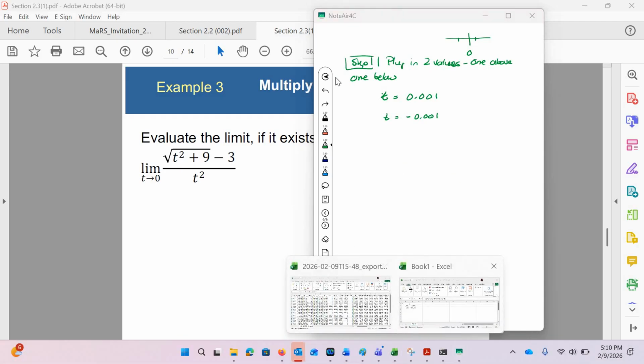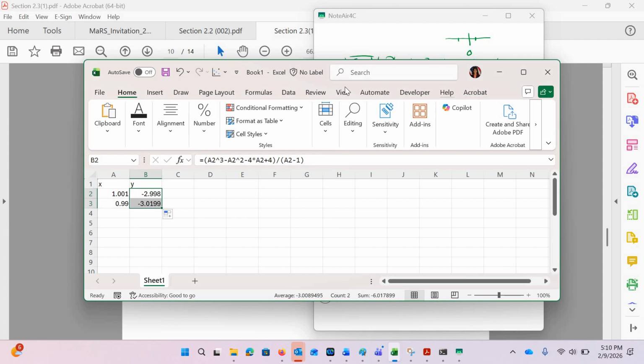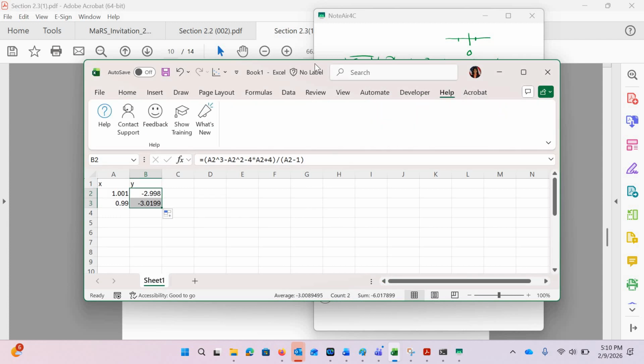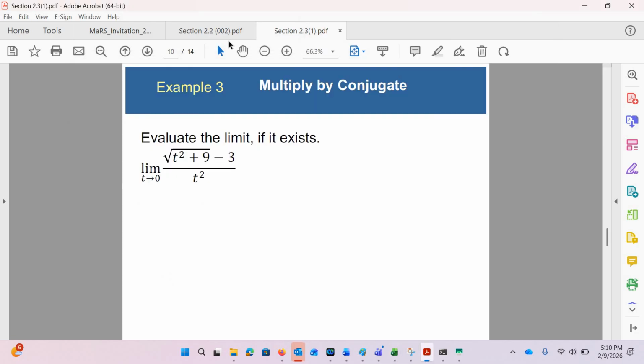So I just made this for you for the other problem. I'm just going to change the function and the values to the right and left. So we can just go over here and go x, y, and then I'm going to put 0.001 and minus 0.001. It doesn't matter. And I'm going to plug into my function, and I'm lazy, so I'm just going to copy and paste that function.